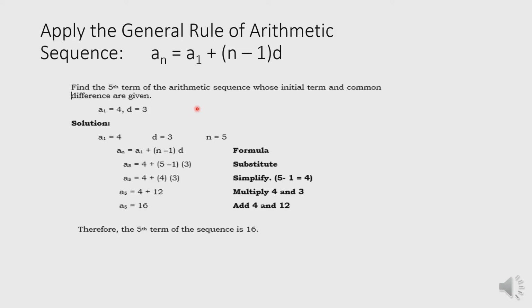So start with 4, 7, and then plus 3 again, a sub 3 is 10, and a sub 4 is 13, and then of course a sub 5, which is the fifth term, is 16. Okay? I hope you understand.